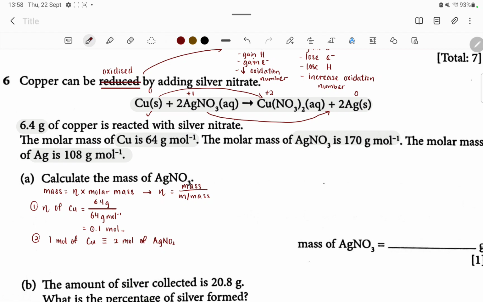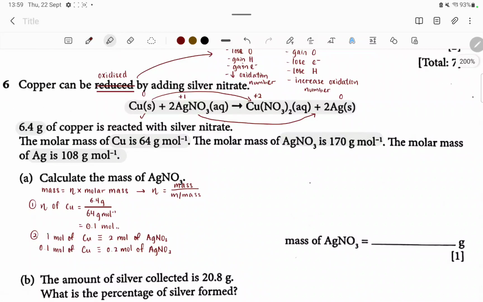So if it's 0.1 mole of copper, it will react with 0.1 times 2, so you will get 0.2 mole of AgNO3. By right, this one should have more than 1 mark. So this one is your first mark, this one is your second mark, and then after that, third one.